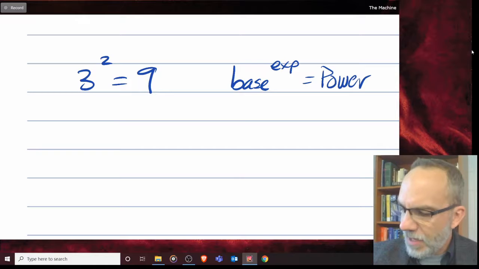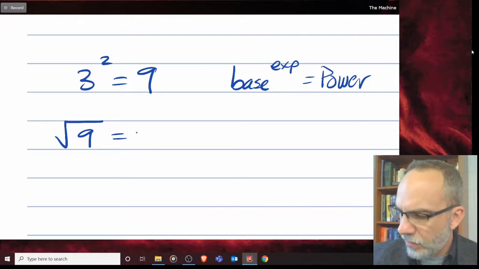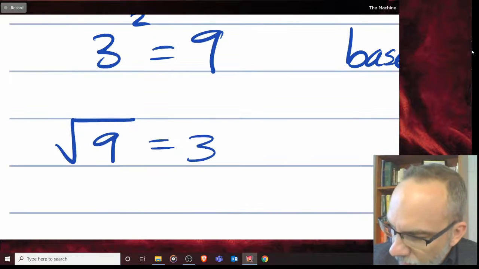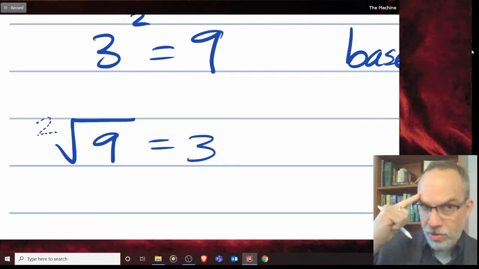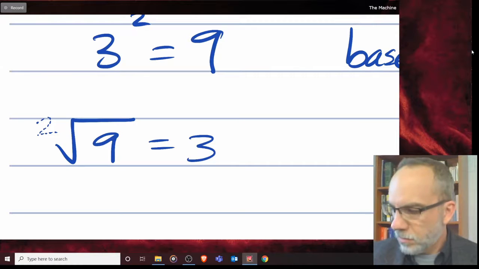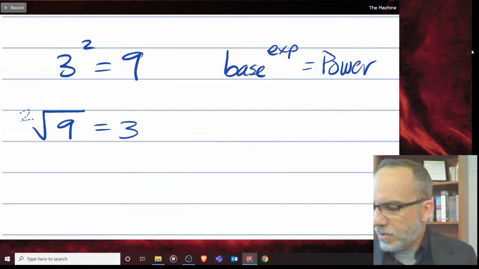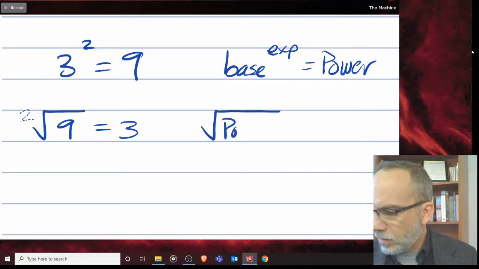And then after that, we've got the square root of 9 is equal to 3, and maybe like a little phantom 2 written in there, because normally you don't write it, but I want you to be aware that it's there. Okay, that corresponds to the radical symbol with the power inside and the exponent outside, and the answer is the base.